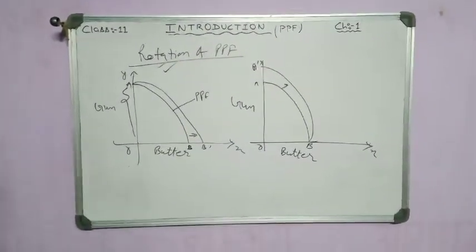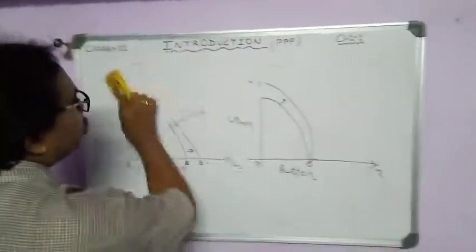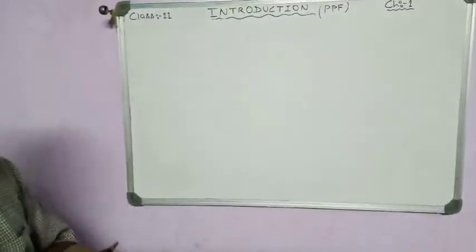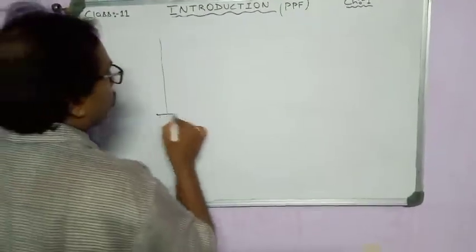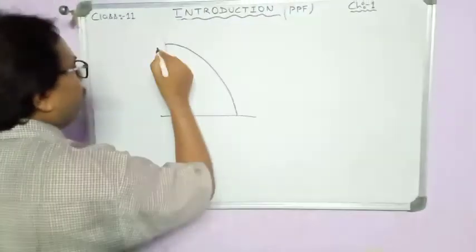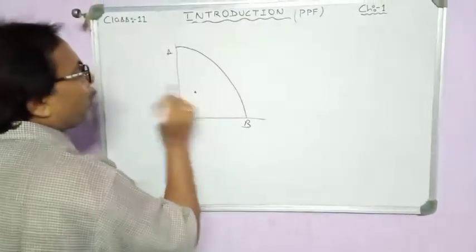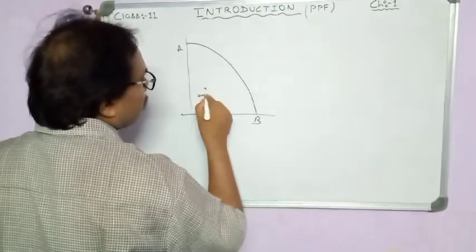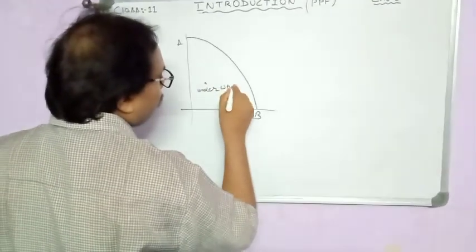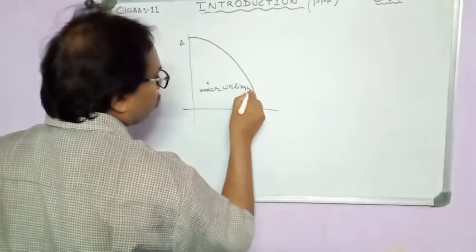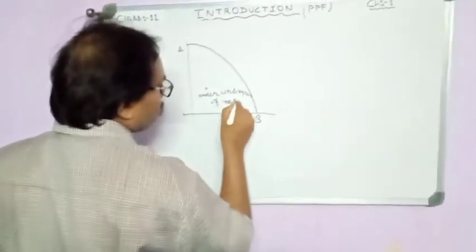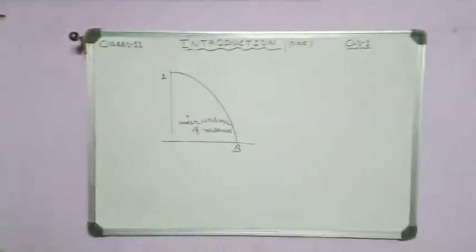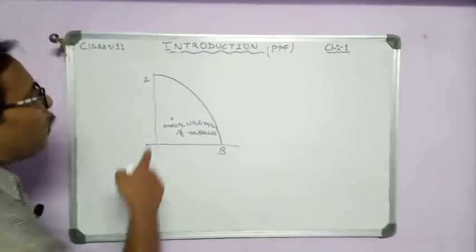Now one thing that is most important. Suppose this is PPC AB. Any point which lies inside the PPC is known as underutilization of resources. So if any technological change takes place, what will happen?